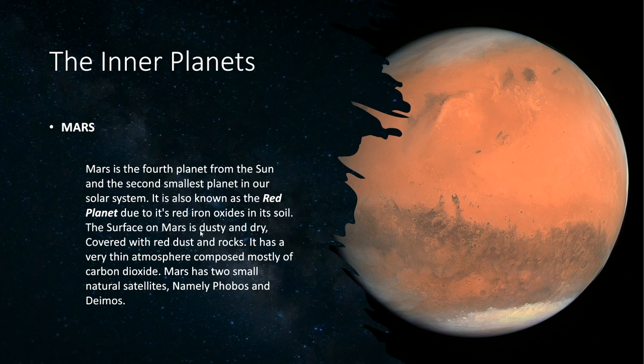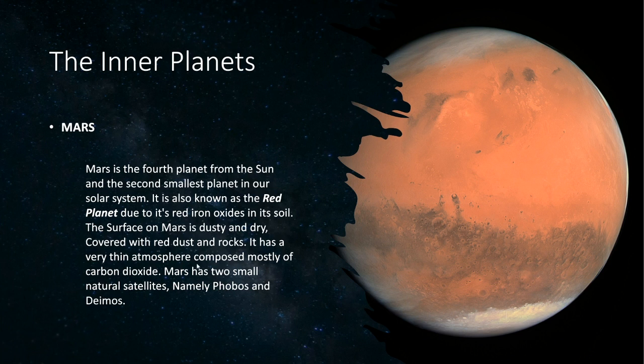The surface of Mars is dusty and dry, covered with red dust and rocks. It has a very thin atmosphere composed mostly of carbon dioxide. Mars has two small natural satellites, namely Phobos and Deimos.